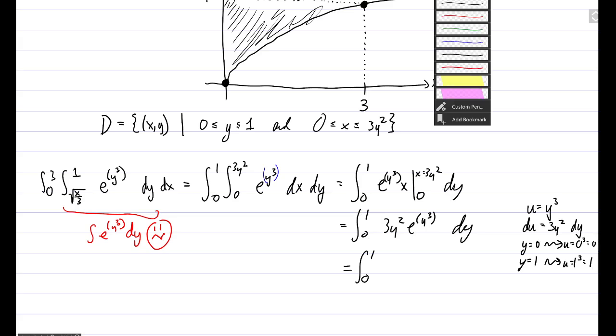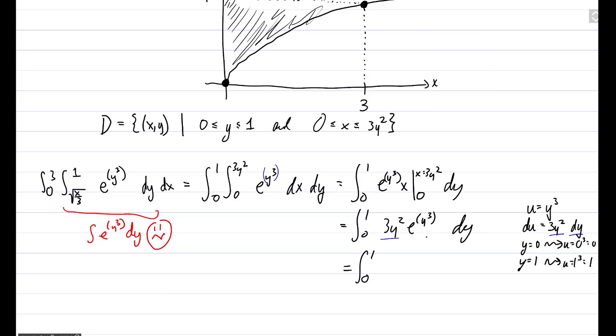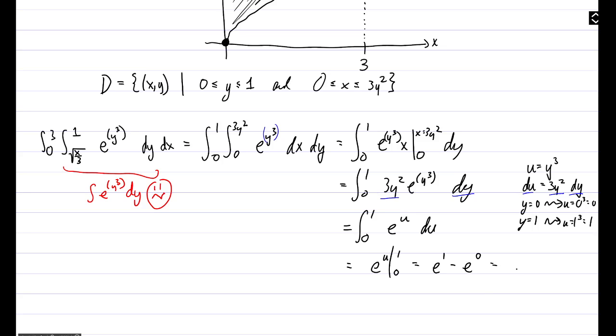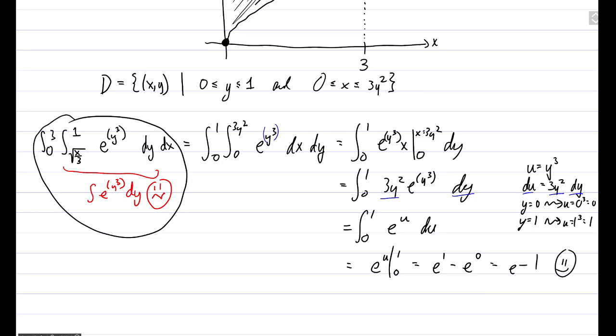Then 3y squared dy all becomes a du instead, and we have the integral of e to the u, evaluated at u equals 1 and u equals 0. So this will be e to the 1 minus e to the 0, which ends up being e minus 1. Awesome. So here's the funky thing. As originally written, we couldn't even evaluate the inner integral.